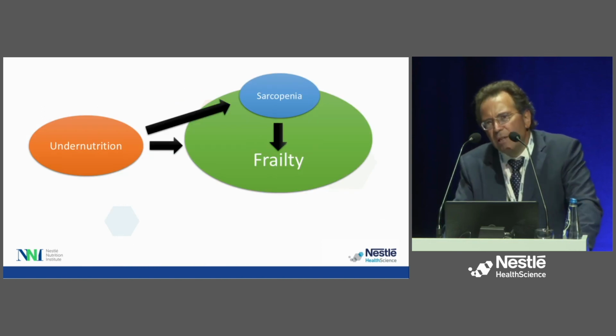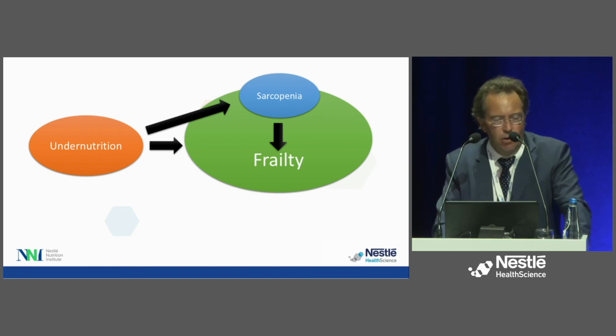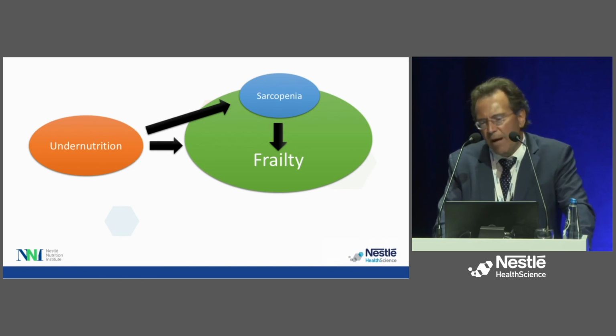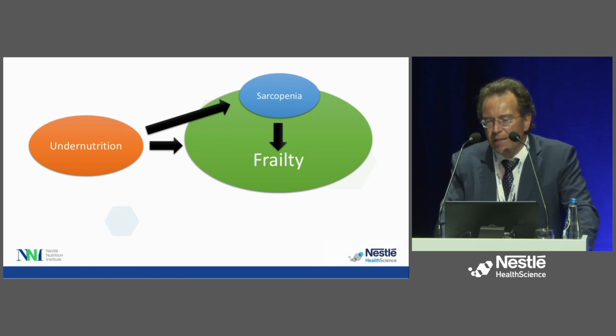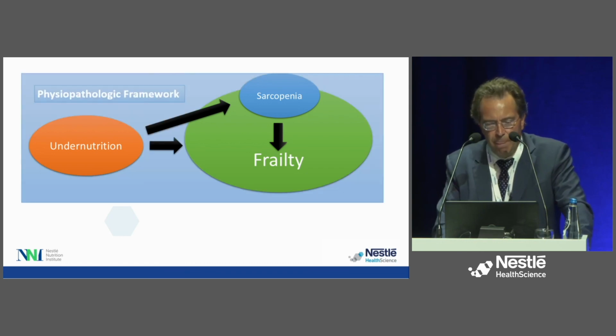And I would like to share with you my thoughts about the link between these three conditions. I think that undernutrition is one of the main pathways leading to frailty and sarcopenia, and probably sarcopenia is part of frailty, although sometimes it's a different entity that can lead to frailty.